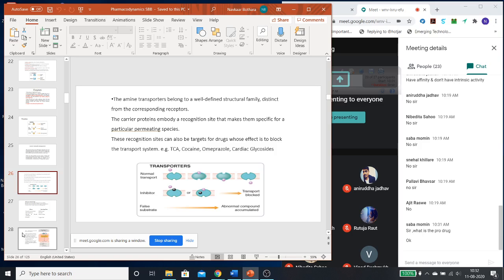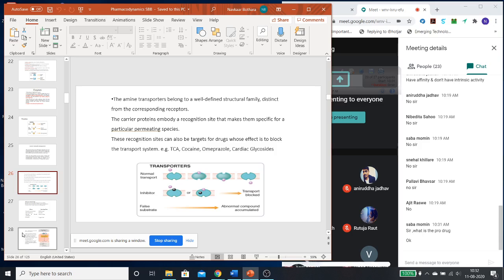Again, if you go back in physiology to understand the transporters, then you will see that particularly in case of noradrenaline, when it is released in the synapse, some of the noradrenaline is taken back into its presynaptic neuron. Why is it taken back into presynaptic neuron?